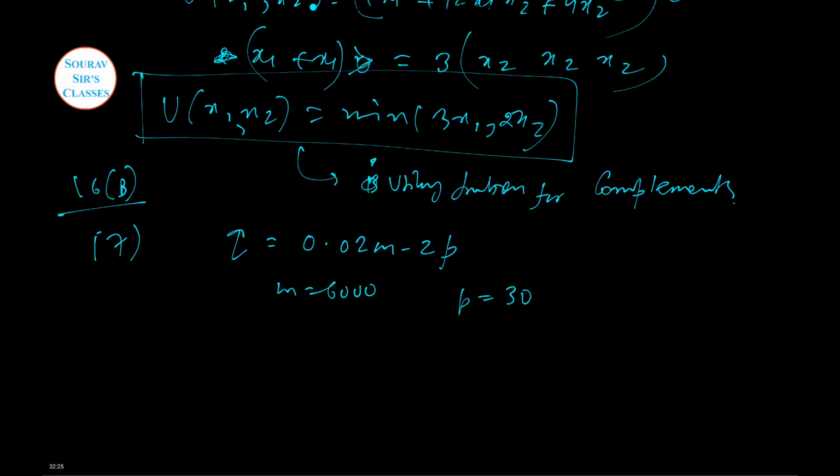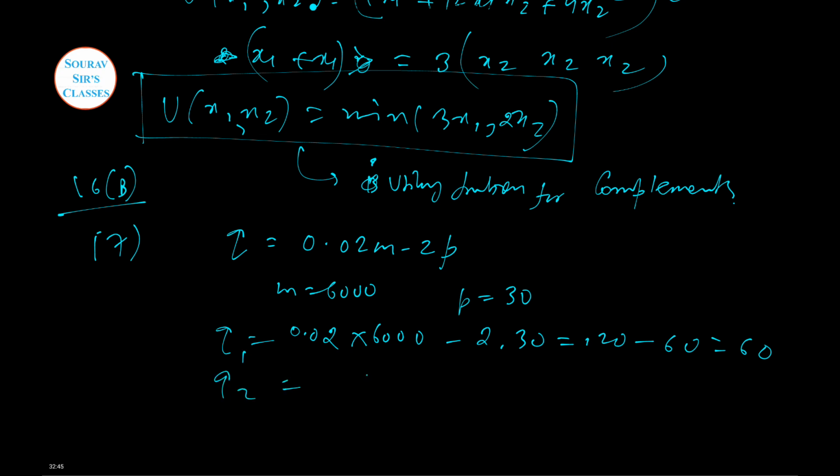So here we can put these values into this function. We can calculate Q: 0.02 into 6,000 is 120, minus 2 into 30, which is 60. So 120 minus 60, this is 60 units, the initial one. After that, when the mango juice price goes to 40, Q2 will be 120 minus 80, so this is 40 units. As this is associated with the substitution effect, the demand will be reduced.